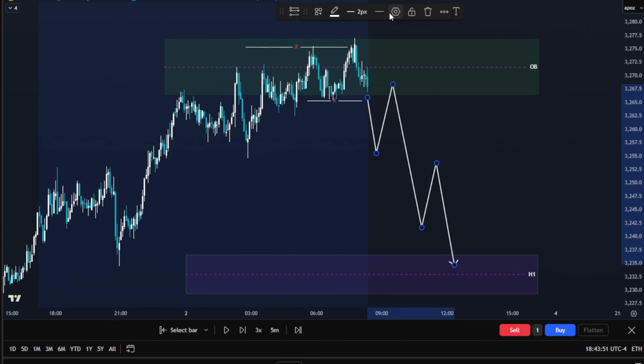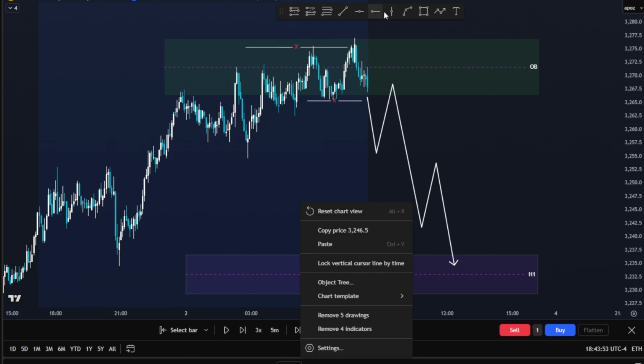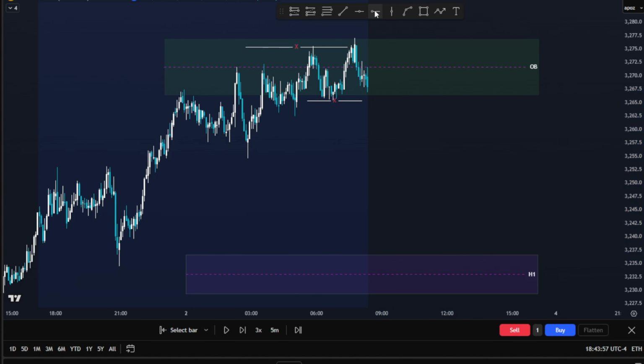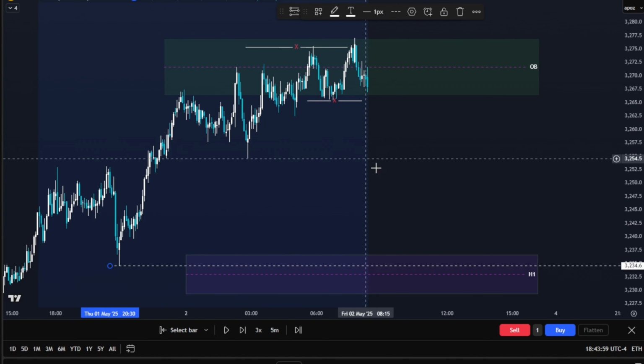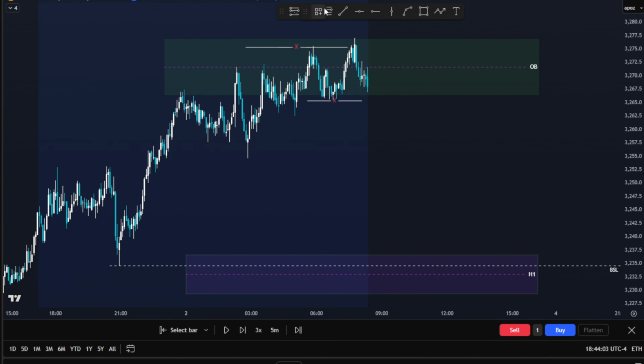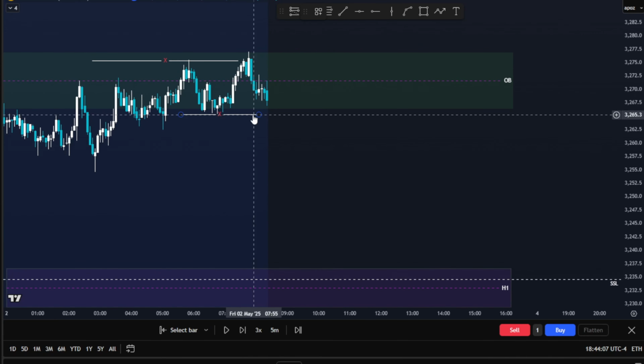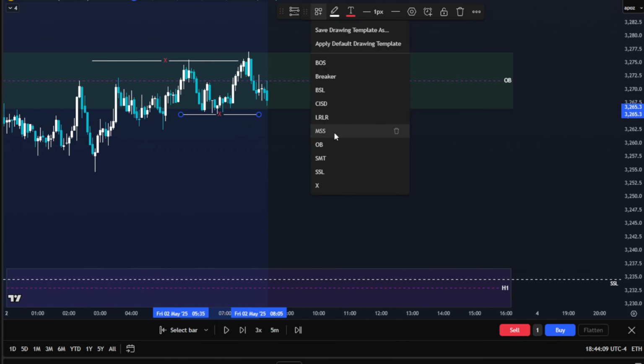And also if you look to the right, this is the sell side I'm looking for. Okay, so this is the sell side I'm looking for. Next thing I want to look for is the market structure shift.